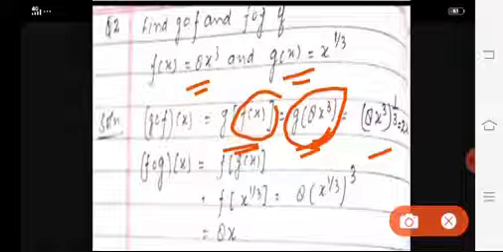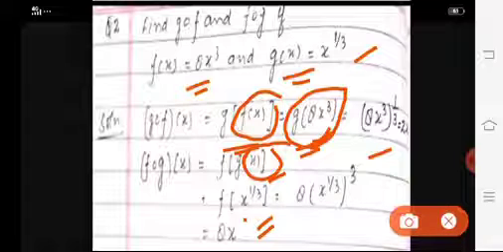that is equal to what? 2x. Now what will be G composite F? (G composite F)(x) will be equal to what? f(g(x)). In place of g(x), what will you write? x to the power 1 by 3. Now the value of this, how will you obtain?